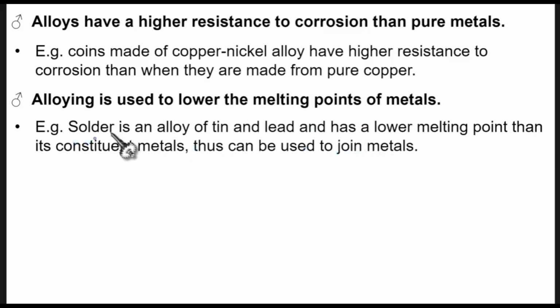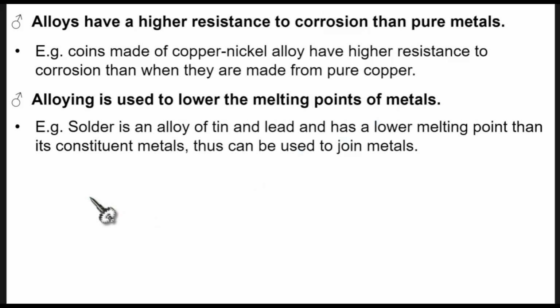You know this solder is called soldering wire. Soldering wire has a low melting point, and because of that it is able to melt as it is used to join other metals and wires. So that is what alloying does: it lowers the melting points of metals.